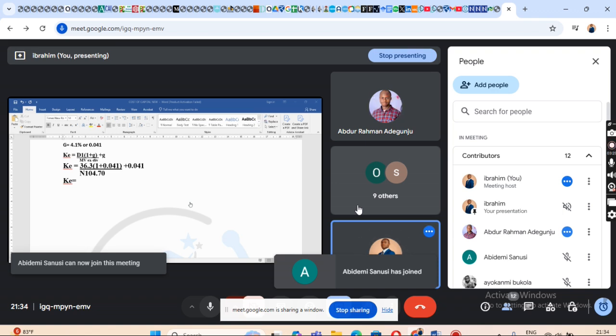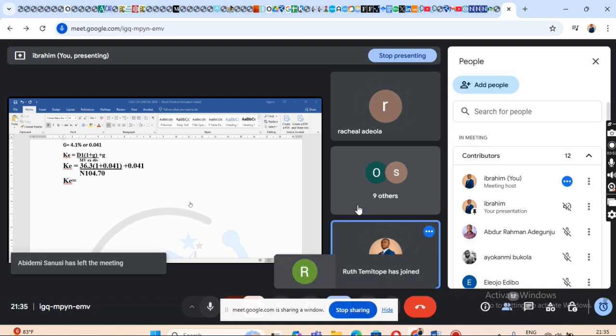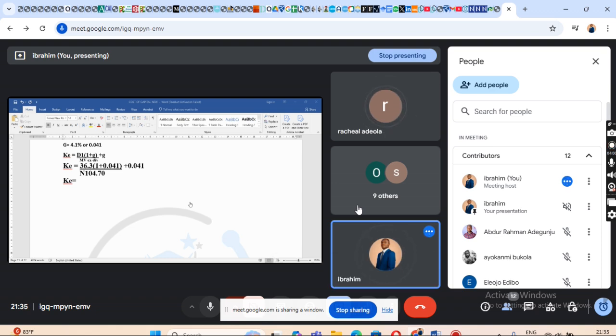So let's do it this way, one after the other. 1.041 times 36.3 divided by 104.70 plus 0.041.